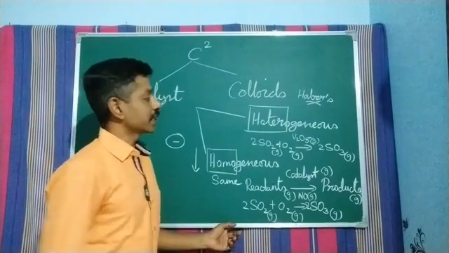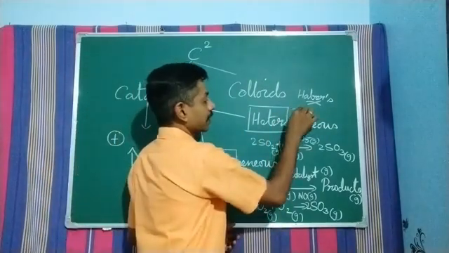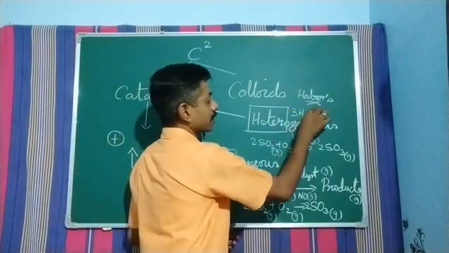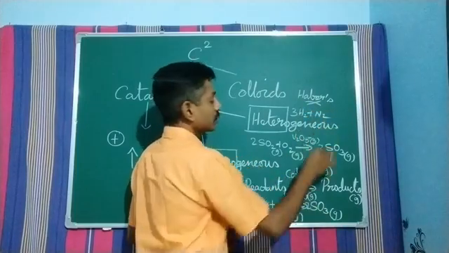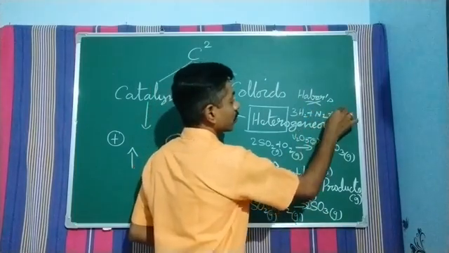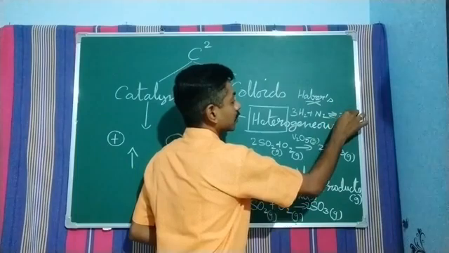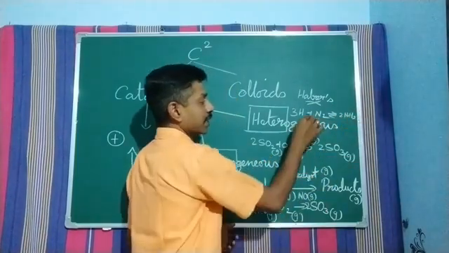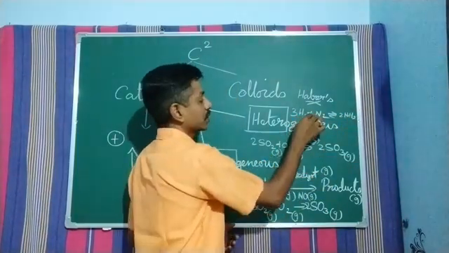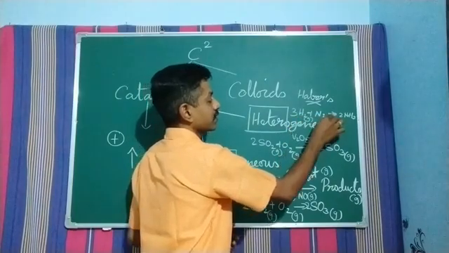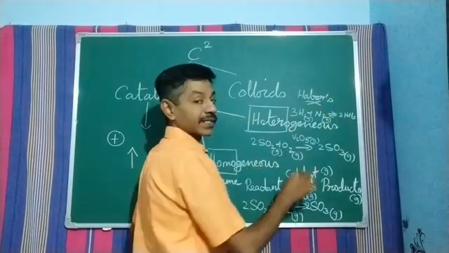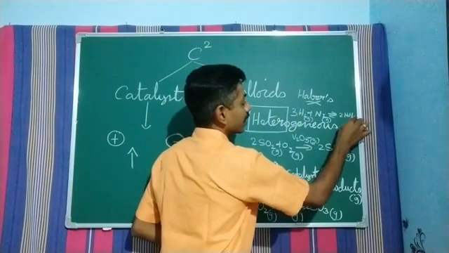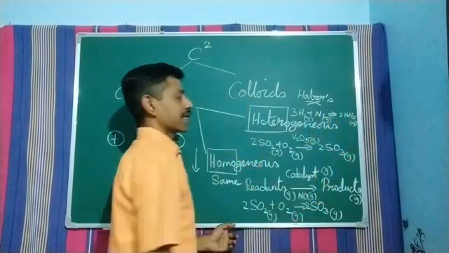For Haber's process, we have to take hydrogen and nitrogen. That gives rise to ammonia. This is Haber's process. As you know, dear students, hydrogen is in gas phase, nitrogen is also in gas phase, and the ammonia is also coming out in gas phase.